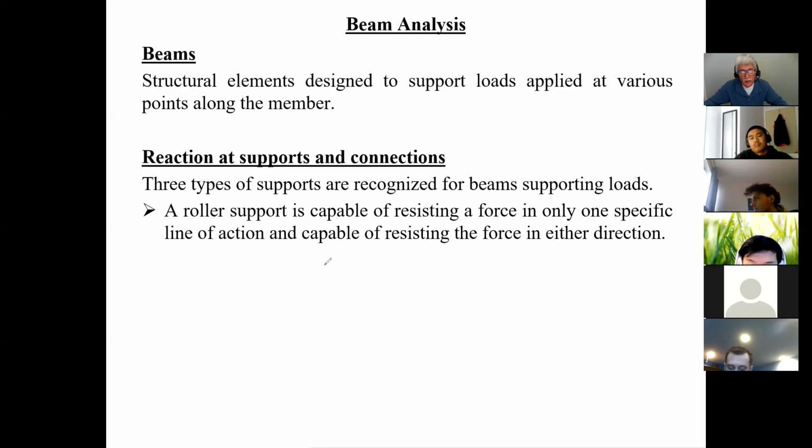first of all, how many possible displacements can you get at a support? Does anybody know how many possible displacements you can have at a support? How many ways can a thing displace at a support?